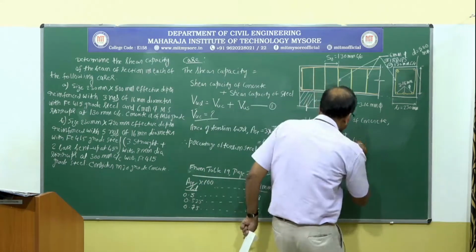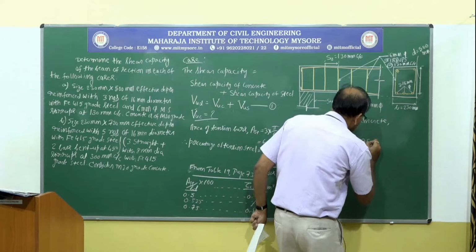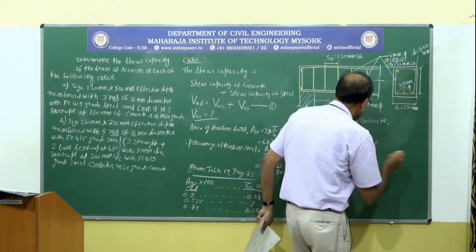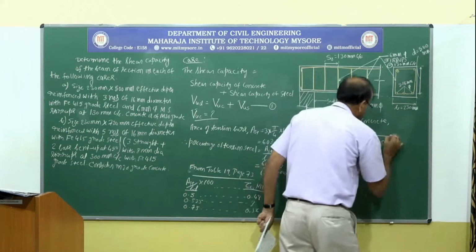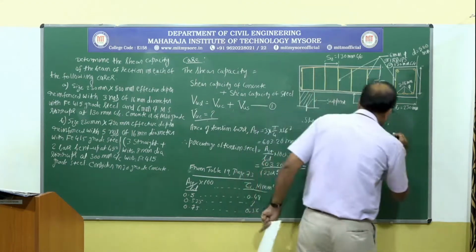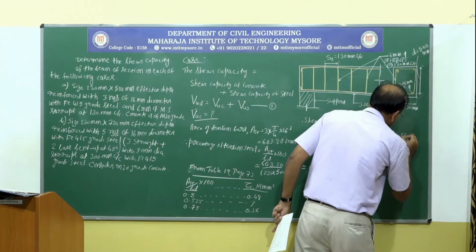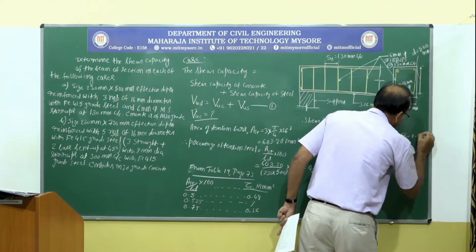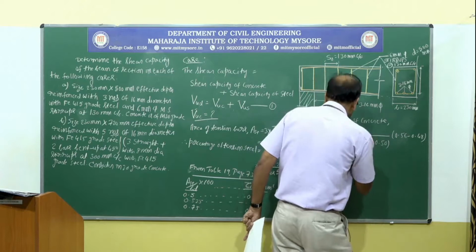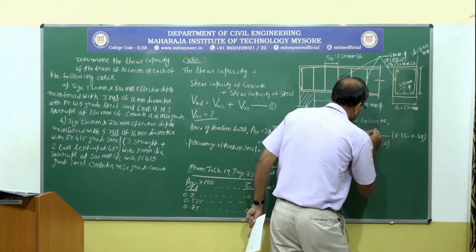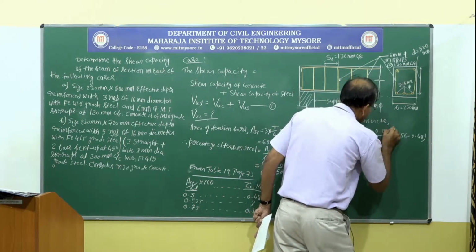So it is 0.75 minus 0.50, it is 0.56 minus 0.48, and it is 0.525 minus 0.50.